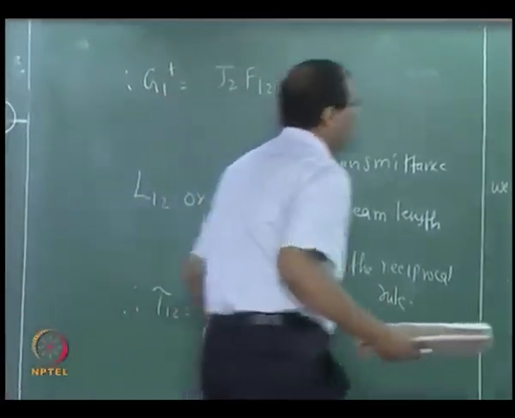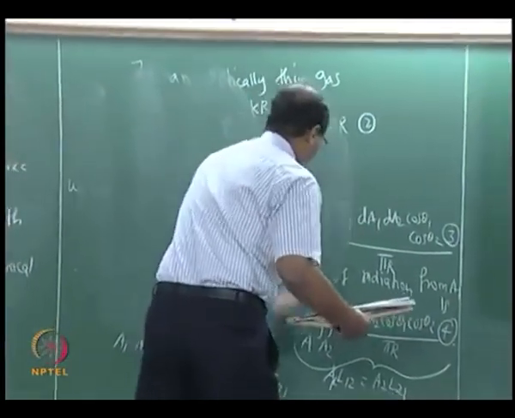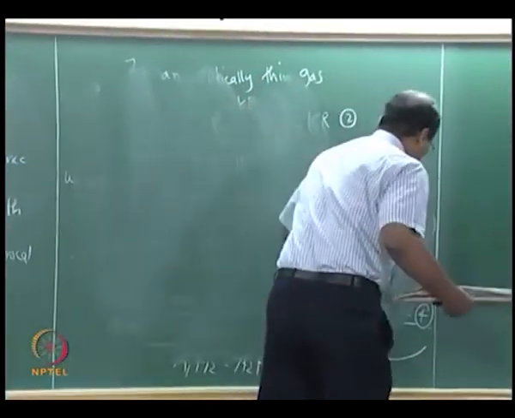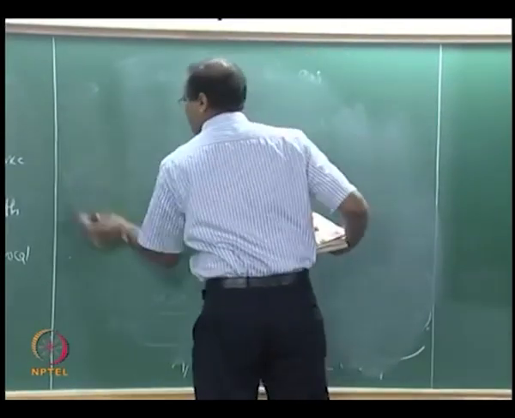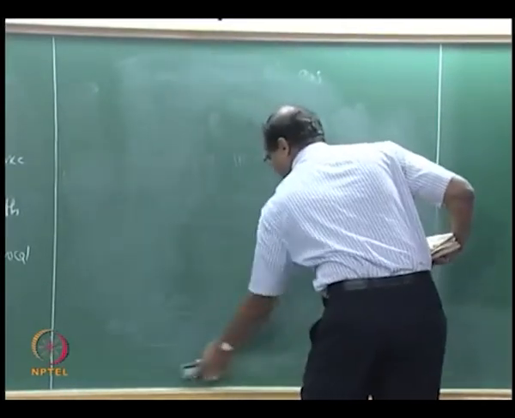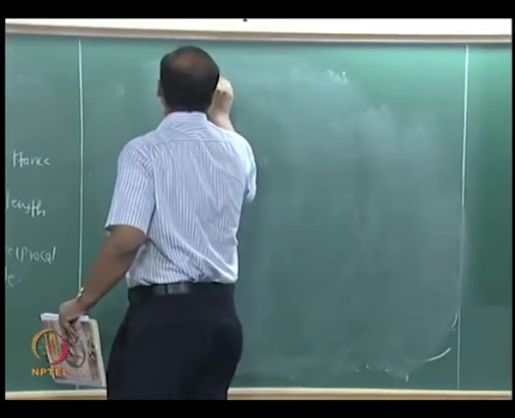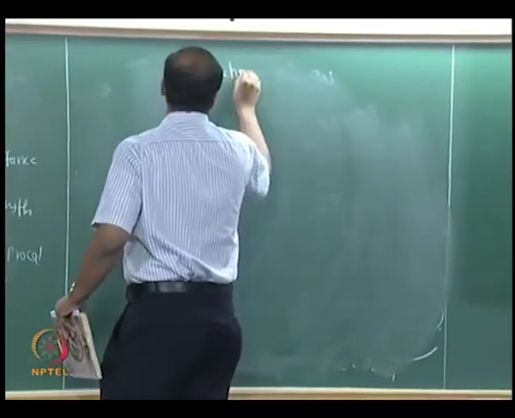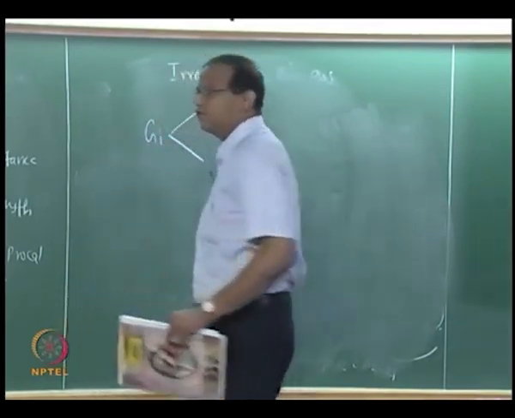Now having defined this, I have to modify my irradiation term. So irradiation G of i consists of two components.